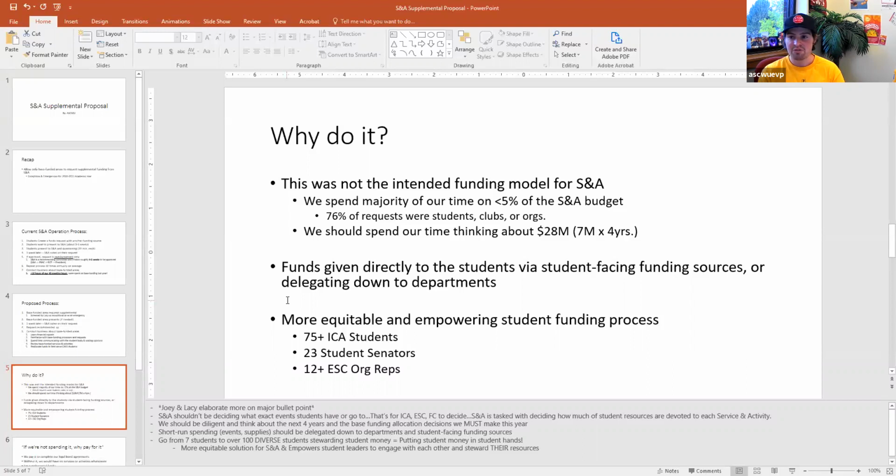That really should be for our student funding organizations. So what I'm thinking is Inter-Club Association, Equity and Services Council, Student Senate, the students should be deciding those types of things, whereas S&A is tasked to decide how much student resources should be devoted to each of those major areas, so that the students can decide those things. Then Joey, Lacey, do you have anything to add about how this wasn't really the intended purpose of S&A?